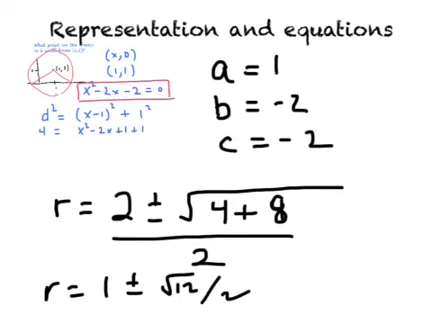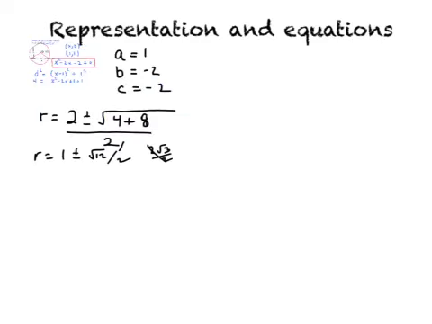Let's see what we got there. That's going to give us 2 square roots of 3 over 2. So our solutions are x equals 1 plus or minus the square root of 3.